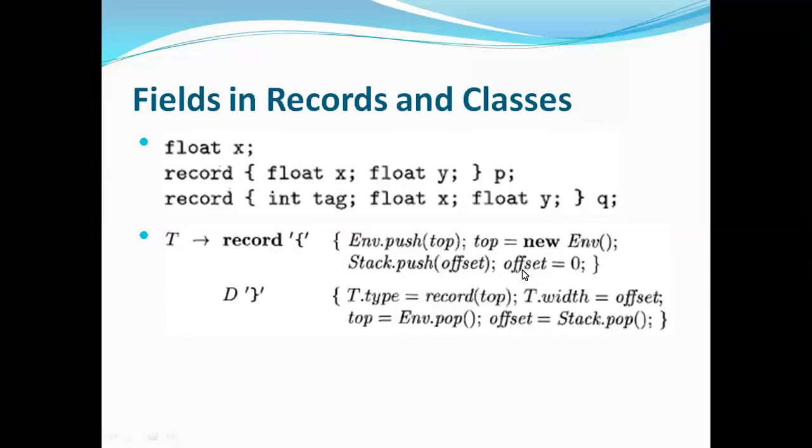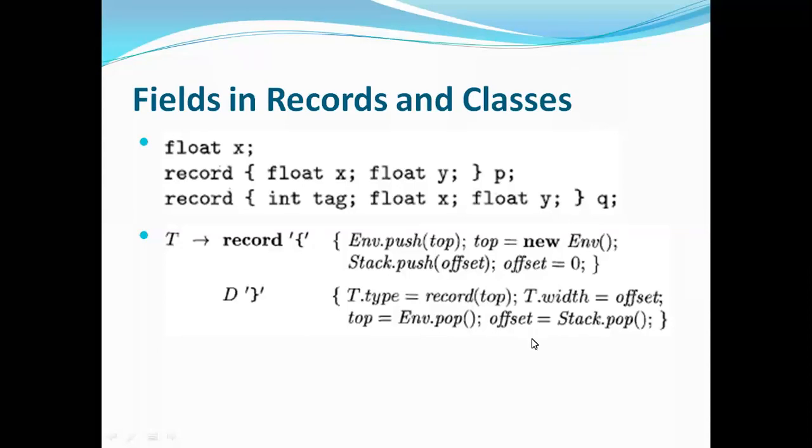So the offset is 0. After you are recording the top as t dot type and t dot width is the offset. Now after initializing the offset to 0, then I am assigning this offset with t dot width. Then finally what I need to pop here.